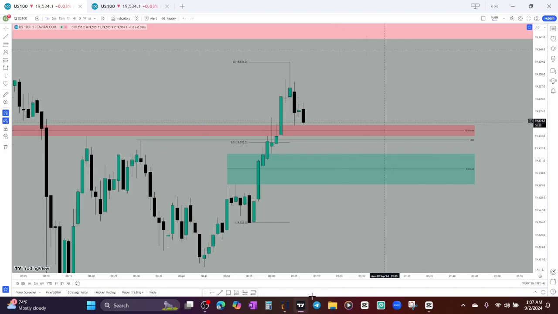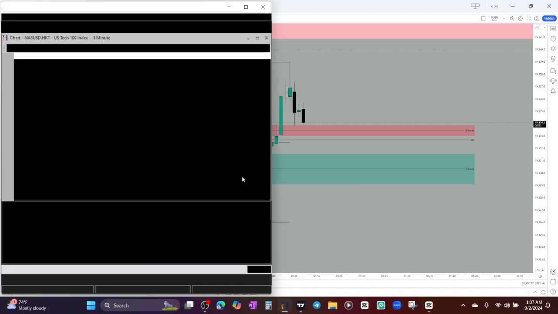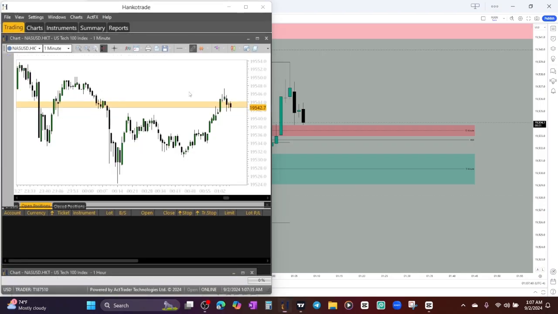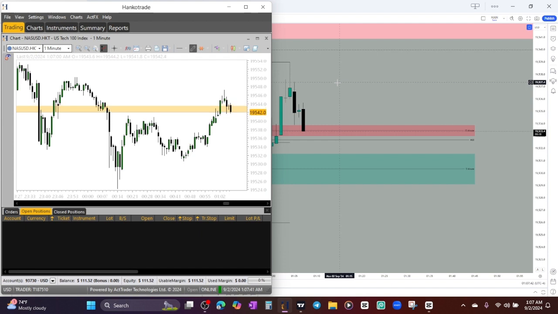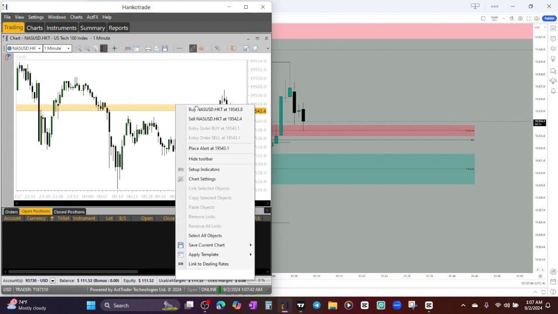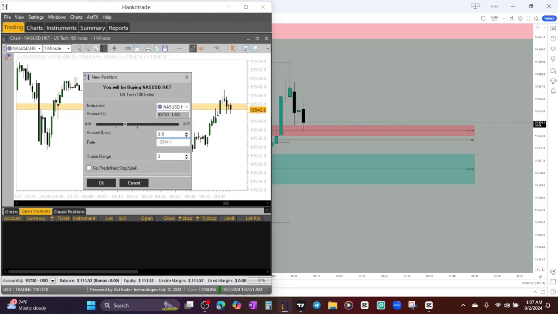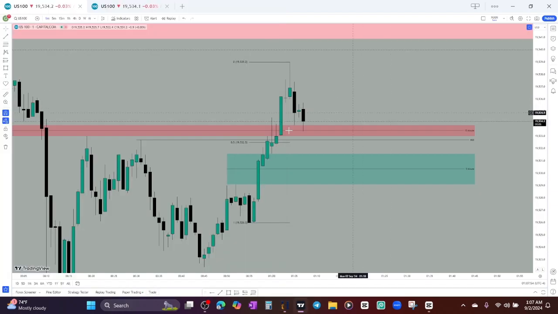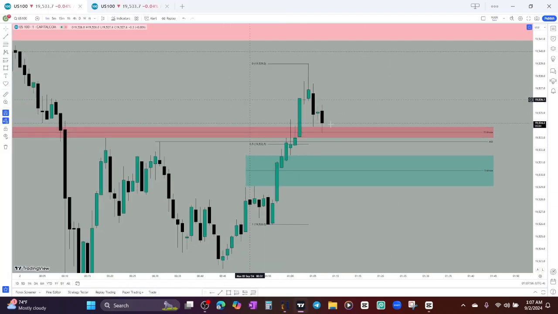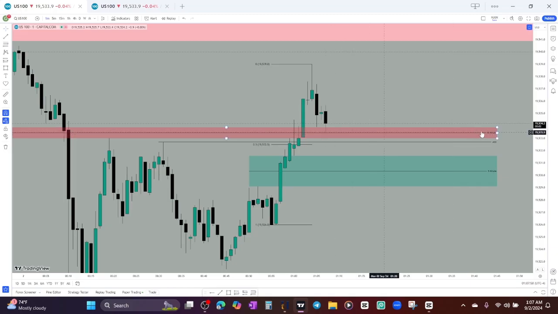Okay, let's get ready here. Go ahead and set up the buy, $1 per point. Another thing is the market could maintain above this 15-minute fair value gap here, so I'll keep that in mind.